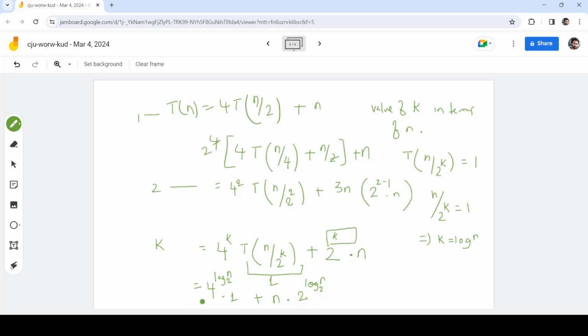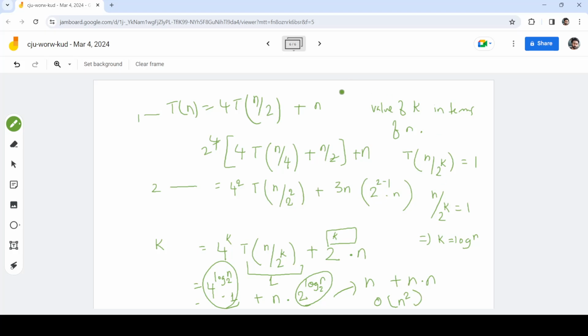So we get n squared here, and from here we get n. So this is n squared plus n times n, which is n squared. So we get big O of n squared.